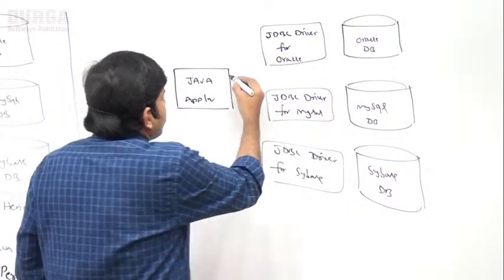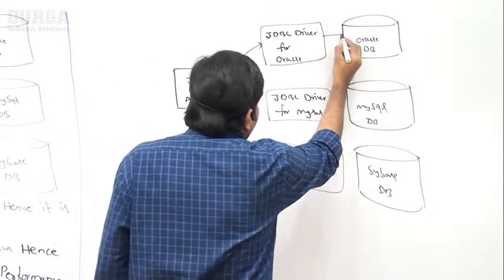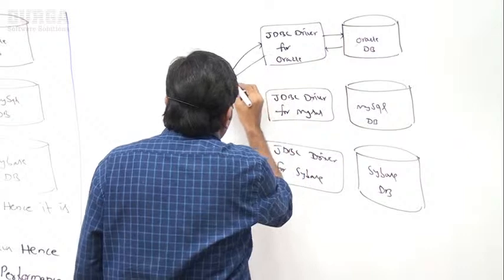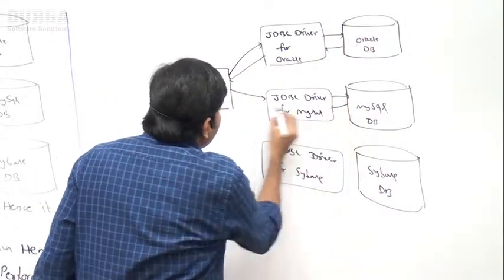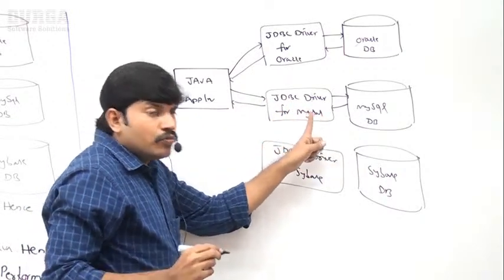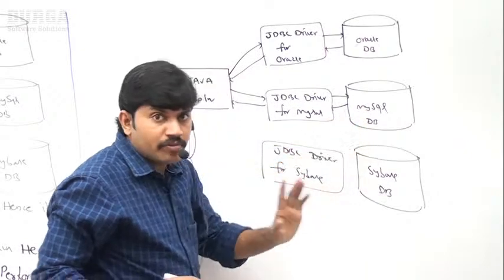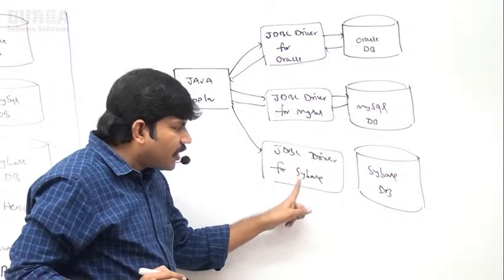The Java application communicates with the JDBC driver, and the JDBC driver communicates with the Oracle database and provides the required results. The same rule applies to MySQL: the JDBC driver for MySQL is responsible for communicating with the MySQL database, and likewise the JDBC driver for Sybase.